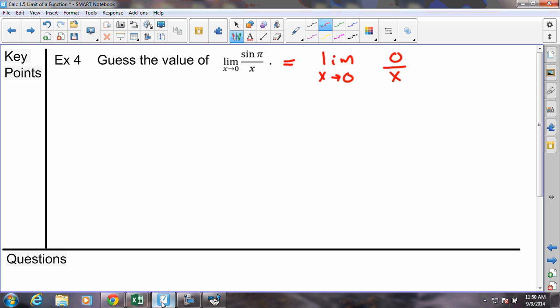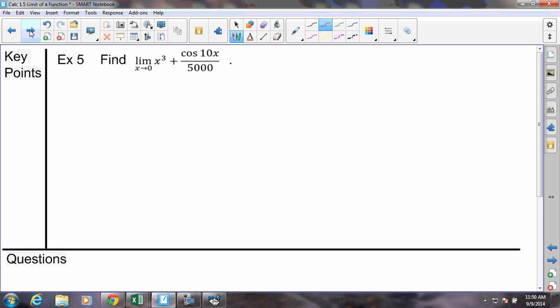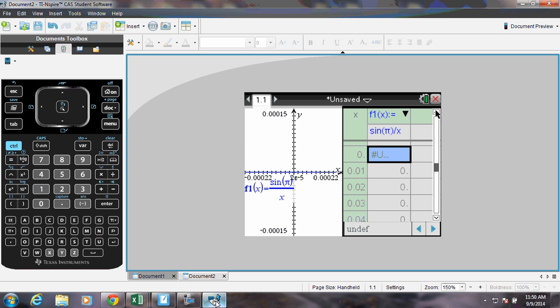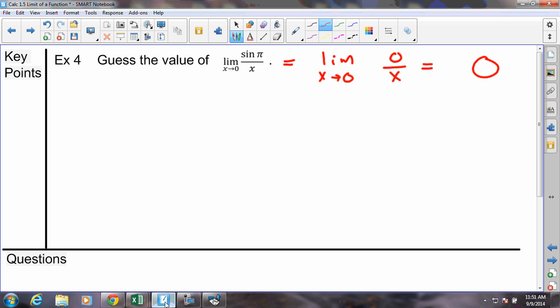And we're guessing values based on what we are able to see. Well, with this one, what were we saying is the guess? It looks like a 0, because when we were checking our tables, it was 0, 0, 0, 0, 0 over and over. Okay? Come back to this one.